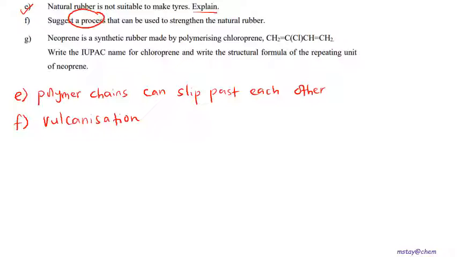And then the next one, G. Neoprene is the synthetic rubber made by polymerizing chloroprene. Write an IUPAC name for the chloroprene. So let's draw the structure. CH2 double bond CCl, CH and CH2.